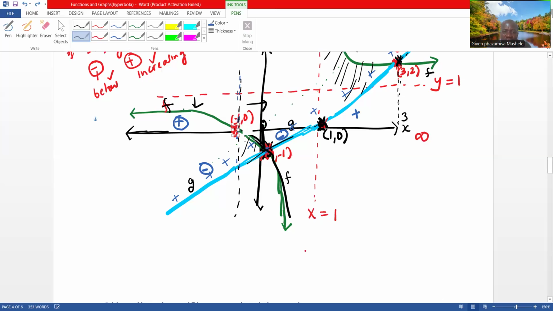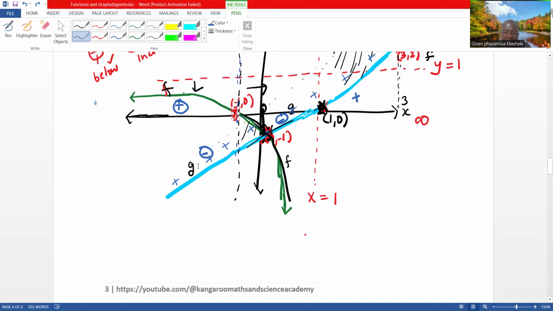And at that time, when f is negative, the gradient of g, the line g, is increasing.